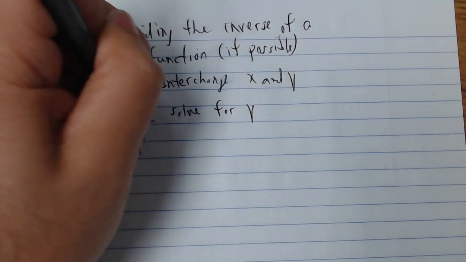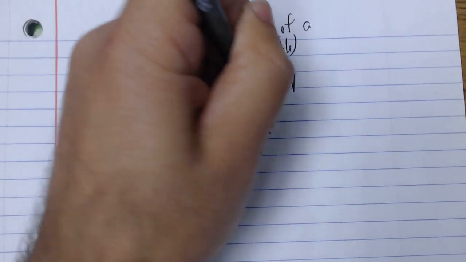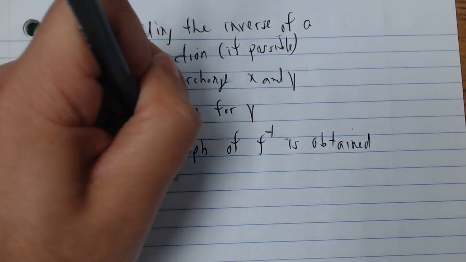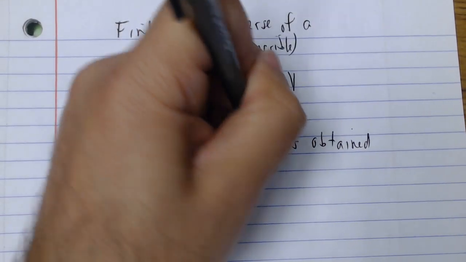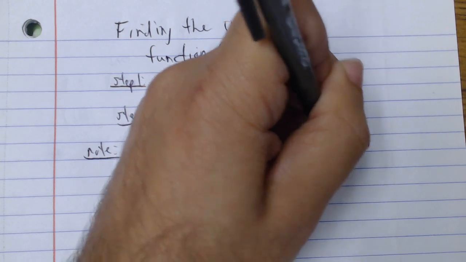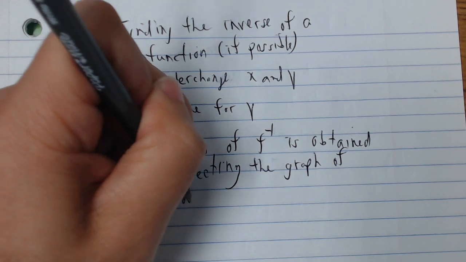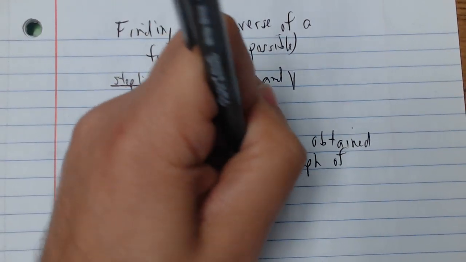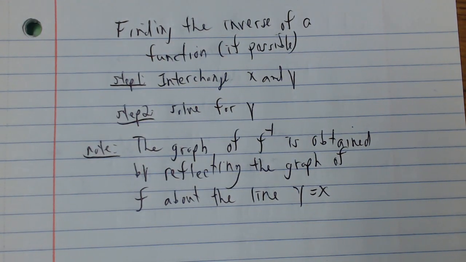If you remember, the graph of f inverse is obtained by reflecting the graph of f about the line y equals x. And that's how we can produce the inverse visually.